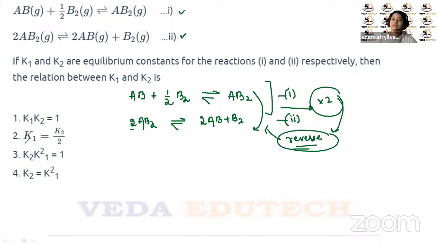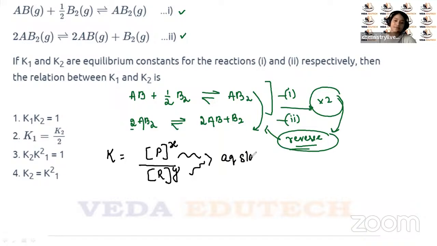Now, for any equilibrium constant K, what is the formula, children? It is the concentration of products raised to their stoichiometric coefficients divided by the concentration of reactants raised to their stoichiometric coefficients. But in products and reactants, we take only those things that are in aqueous state or gaseous state.